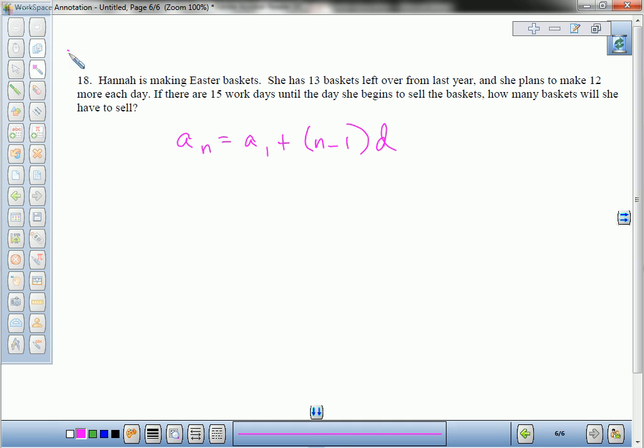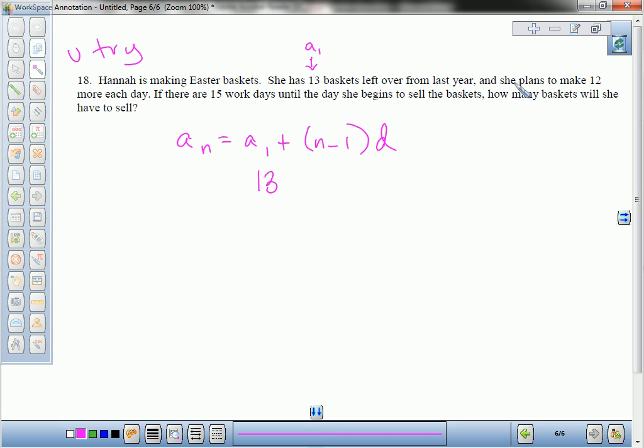All right, so now that we know it's arithmetic, I want you to try. If you're not sure what to do, you ask. We have 13 baskets left over. That's our a sub 1, our starting amount.